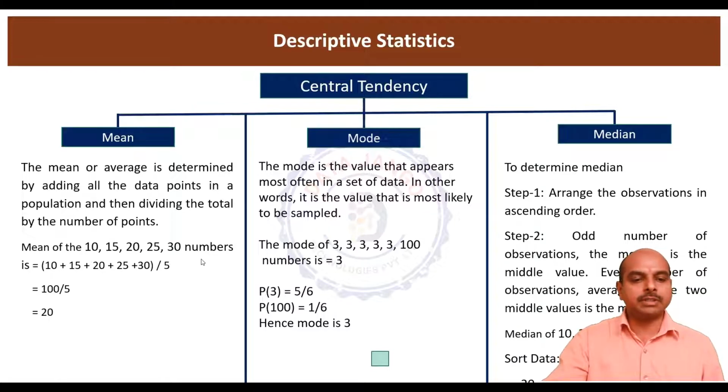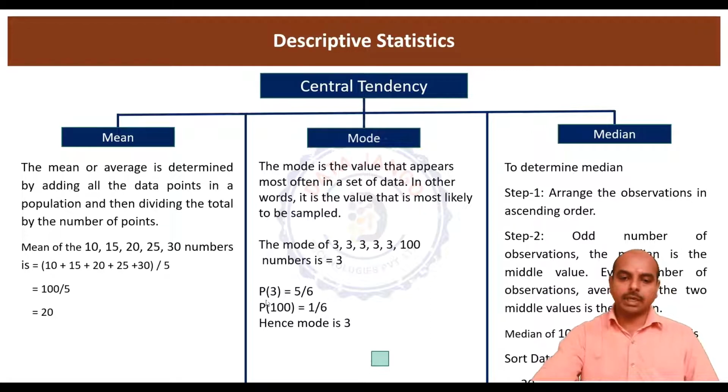We have five numbers here: 10, 15, 20, 25, and 30. If you want to calculate the mean of it, we need to sum all of it and divide by the total number of data points. That's equal to 20. Mode. In this particular data set, we have 3 repeated 5 times and 100 only one time. If you look at the probability of 3, it is 5 by 6.